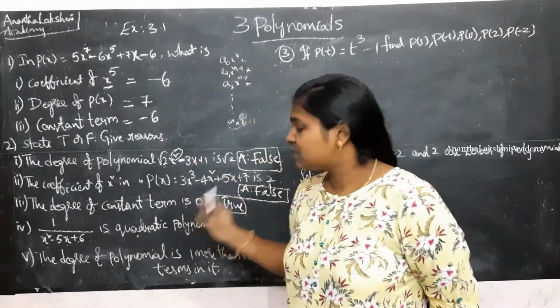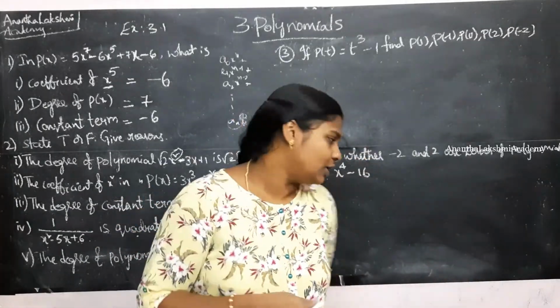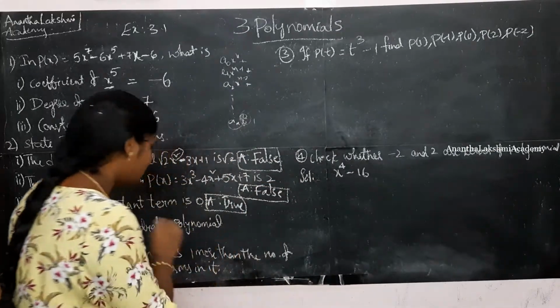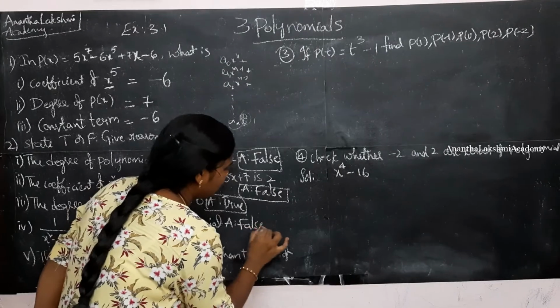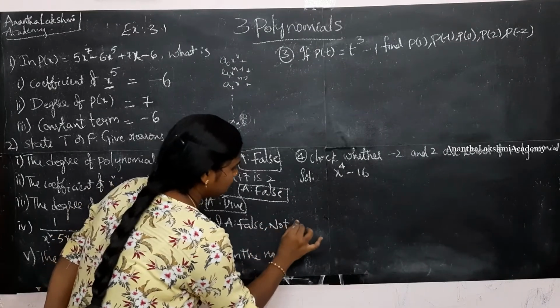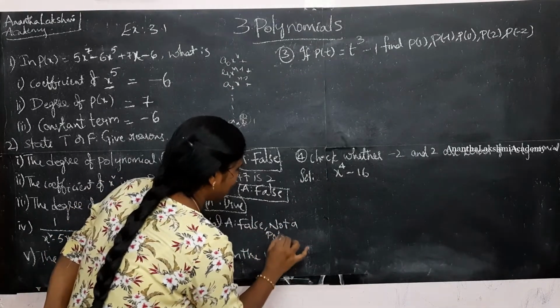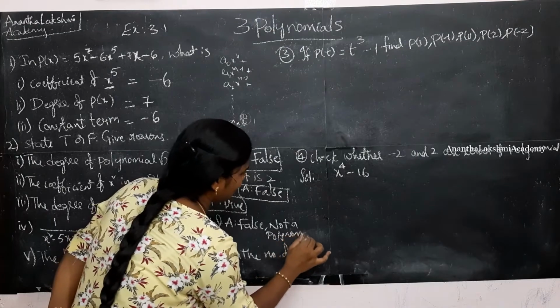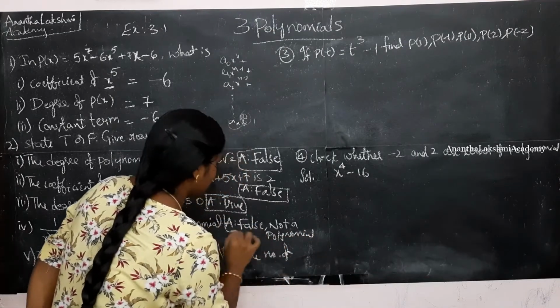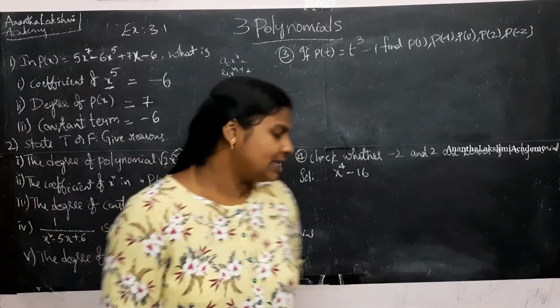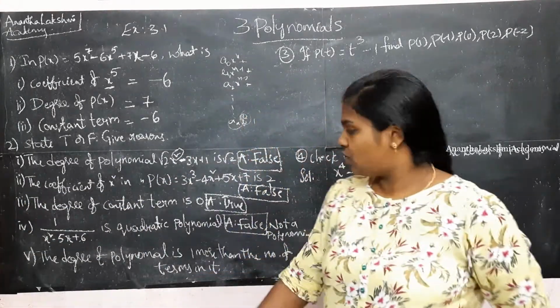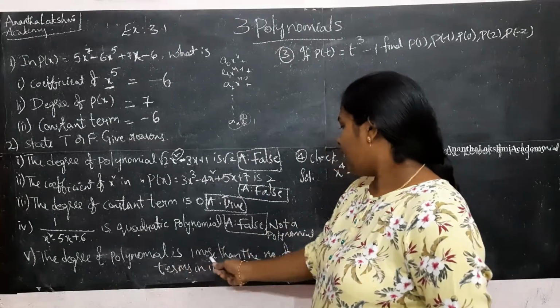How come it becomes a quadratic polynomial or a linear polynomial? Let's look at it later. So first of all, this is false. This is not a polynomial. The answer is false.